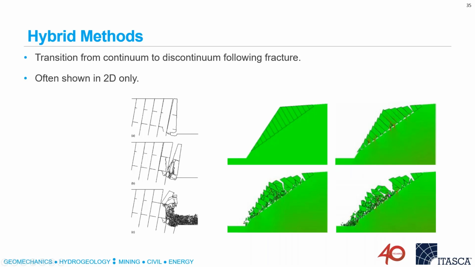It continues and the slope fails due to a combination of deformation of the blocks and fracturing of the intact material. Here's another example similar to that. Again, some fracturing occurring at the toe of this slope and the eventual collapse of the slope.